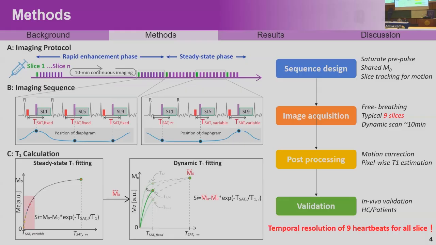In the steady state phase, we can calculate the T1 mapping and also calculate the M0. Then we can calculate the dynamic T1 fitting using the M0 from the steady state fitting, and get the quantitative value of T1 at different time points.